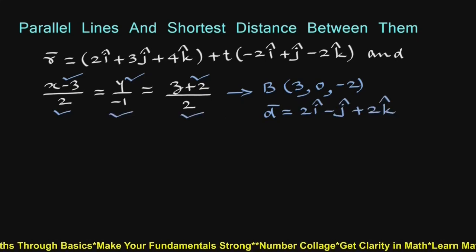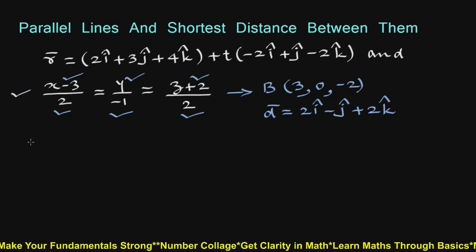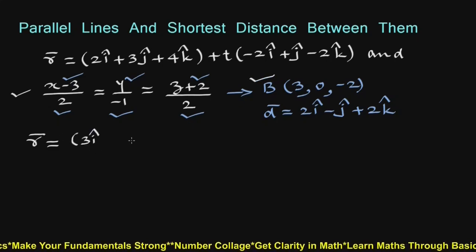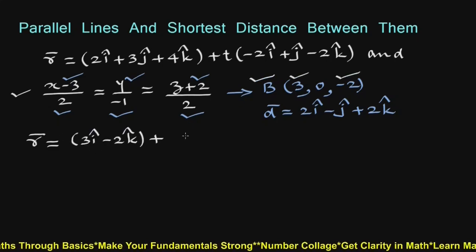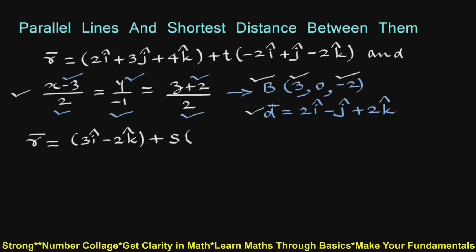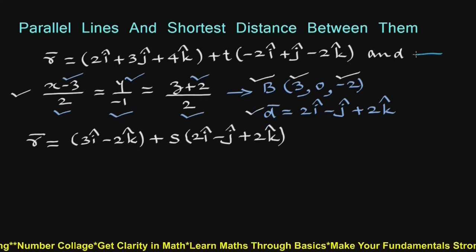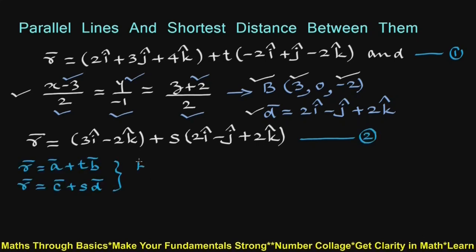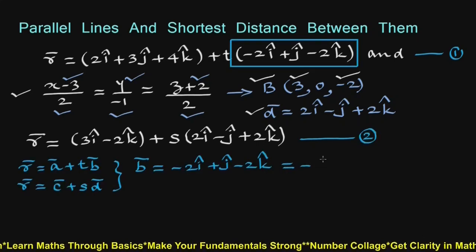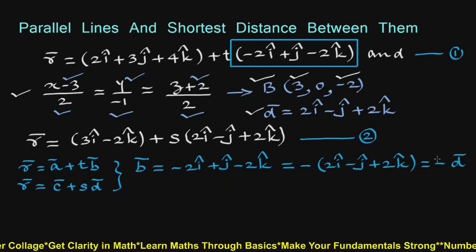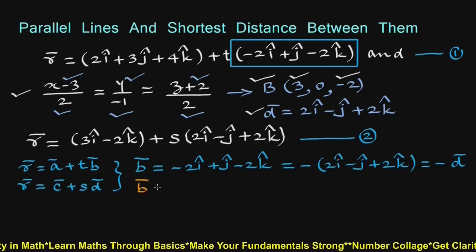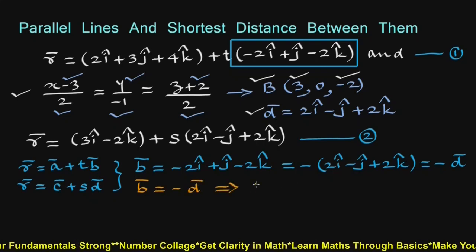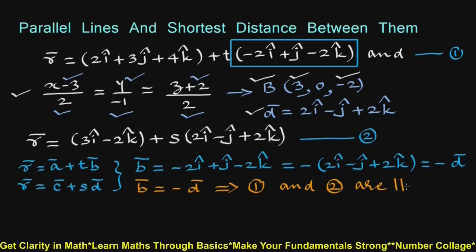So the vector equation in parametric form of this line will be r bar equals, from point B, 3i cap minus 2k cap plus parameter s d bar. Now comparing equation 1 and equation 2, we have b bar equals minus d bar.